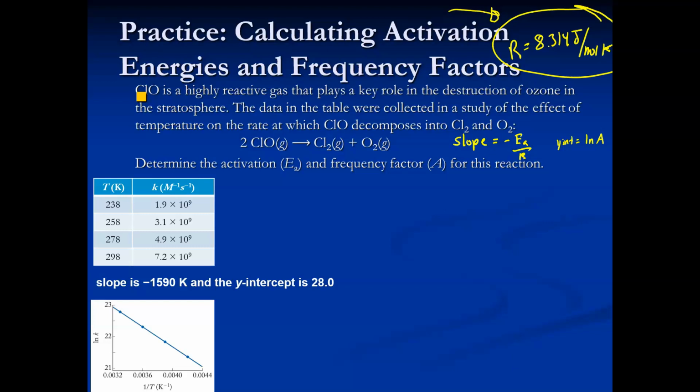All right, so I'm seeing these. So our slope is again going to be, so EA, I'm just going to rearrange this. So EA equals negative slope times R. So we just plug this in.